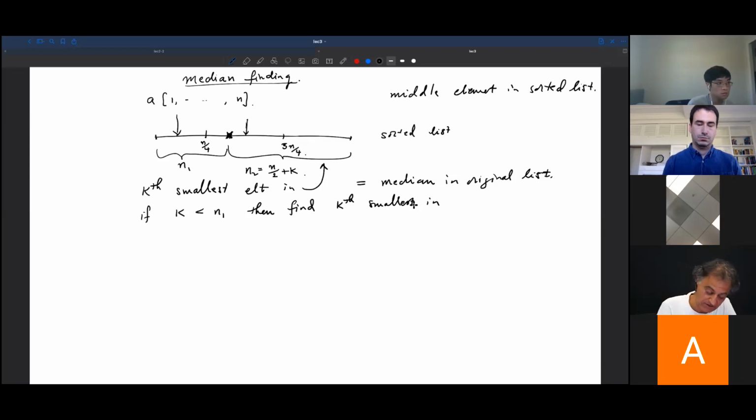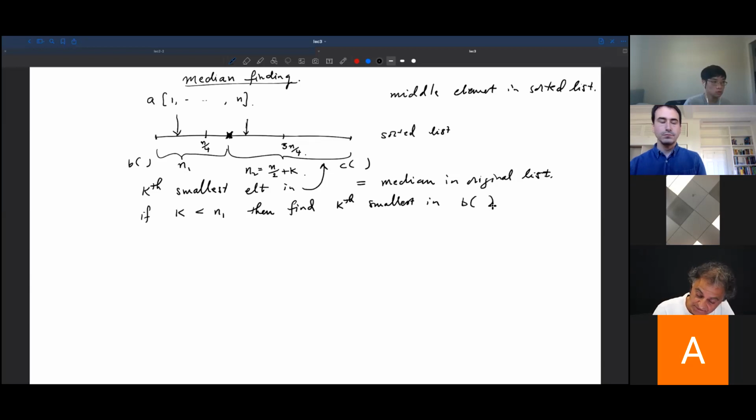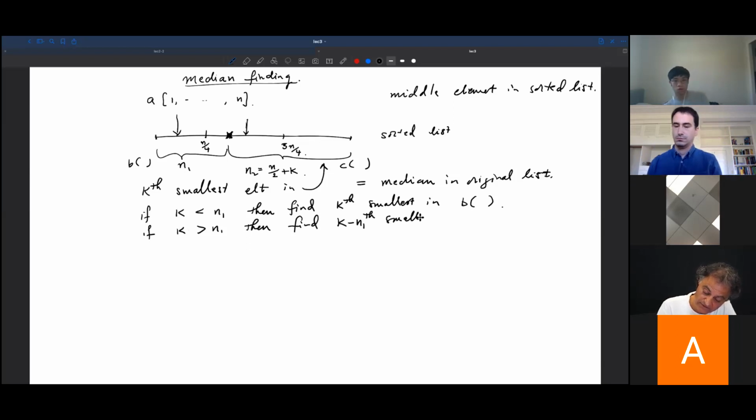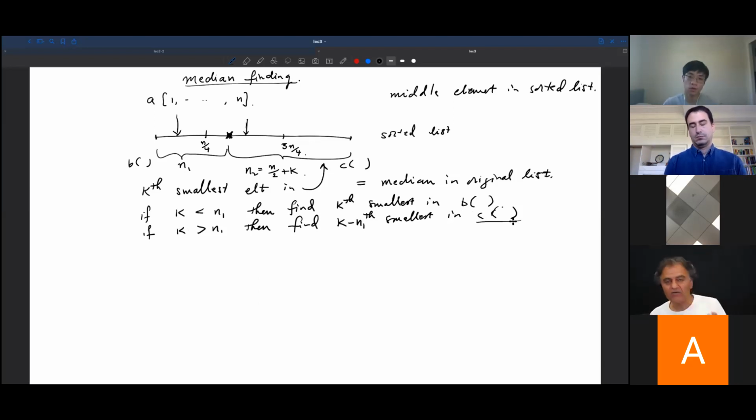Let me call this list B, and this list C. If k is bigger than n1, then find the k minus n1 smallest in C.